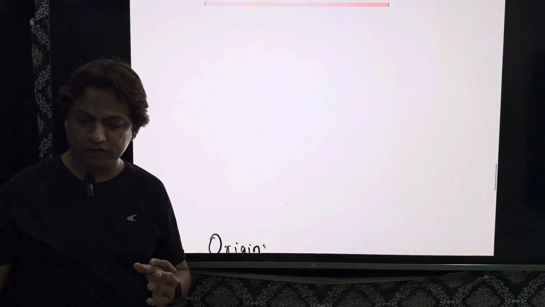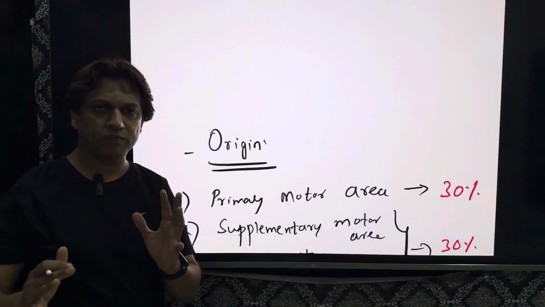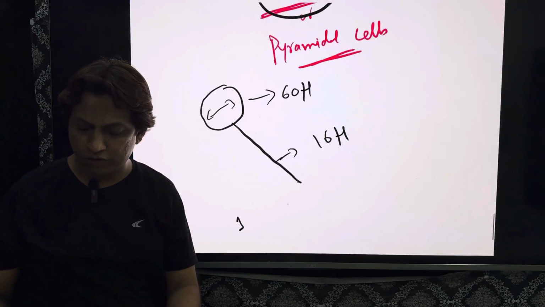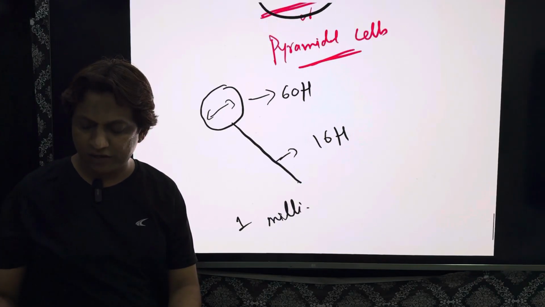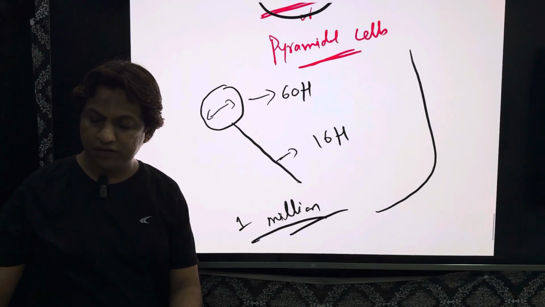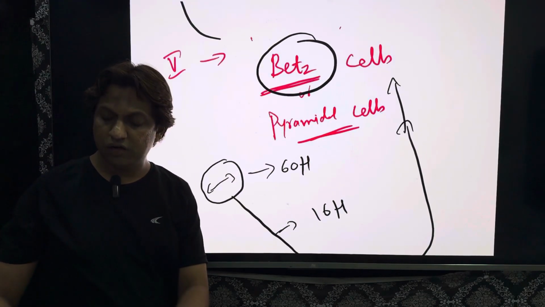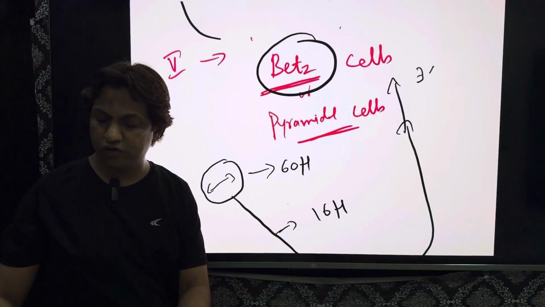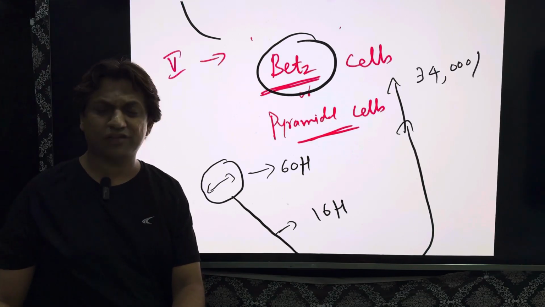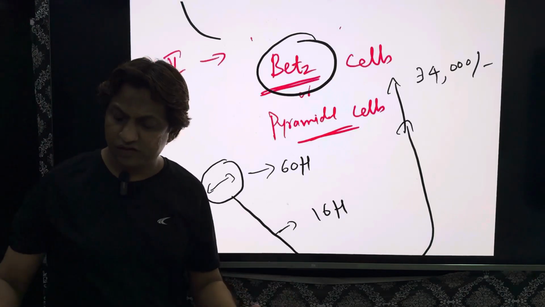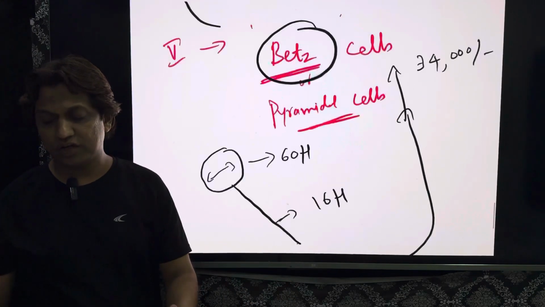Totally, all the nerve fibers originating from the 30% and 40% areas will be around 1 million, that is around 10 lakh neurons. Out of that, the Betz cells I am explaining will be around 34,000, just around 3% of the total fibers.